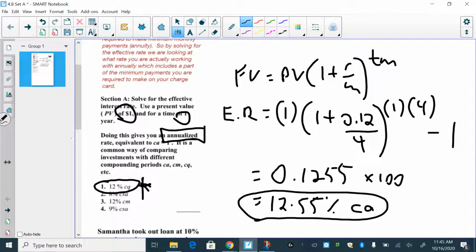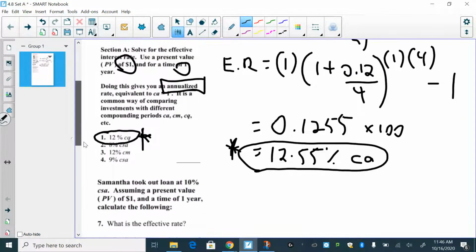But that's not the case. You actually have to make monthly payments on credit cards. So because of that, we're looking at effective rates. We're looking at this one. Because we're making monthly payments, your rate is slightly adjusted. And that's what we're solving for here.